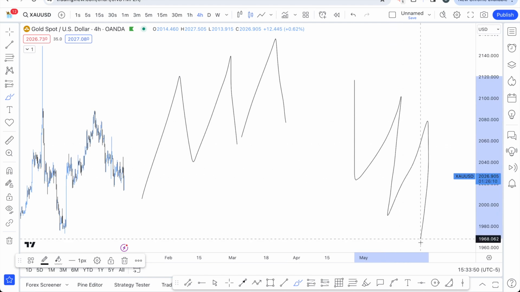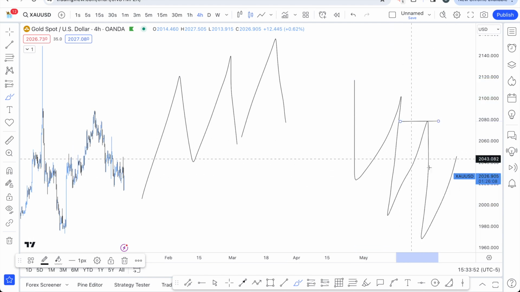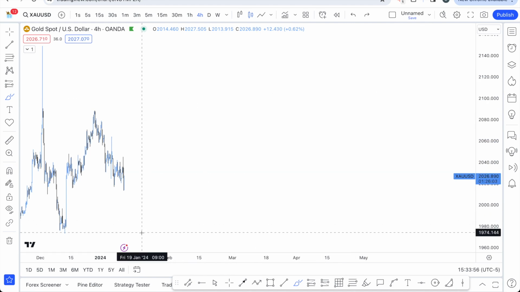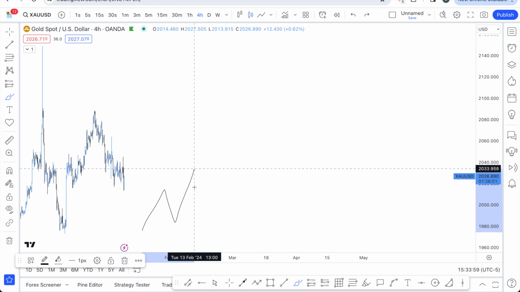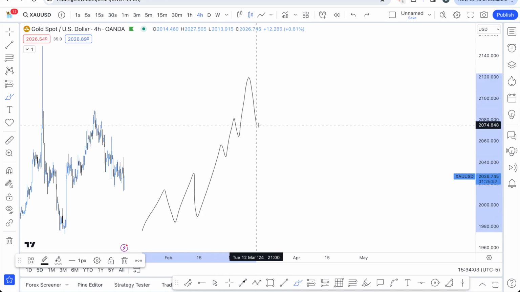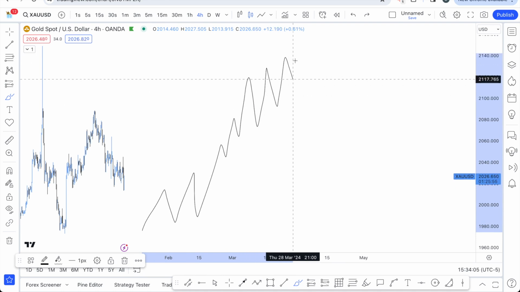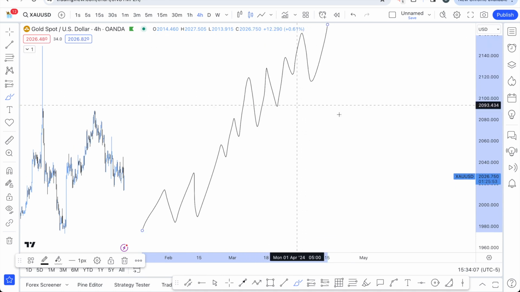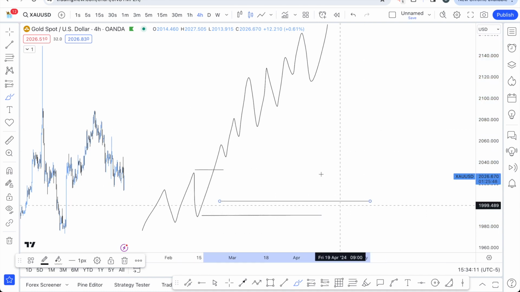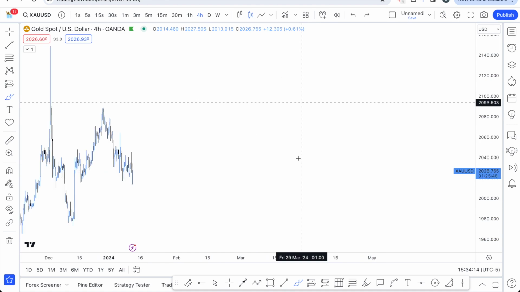Rather, you catch it when price breaks, maybe fully mitigates, and then starts to overextend, and you wonder what's going on. It just continuously does this, and you've been waiting for price to get to this demand.